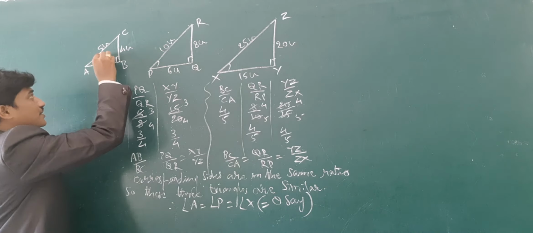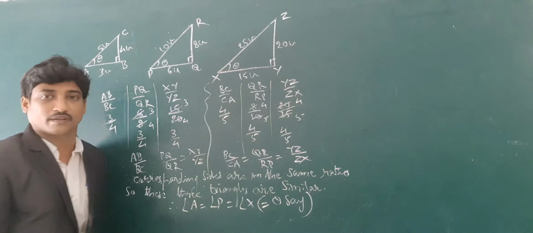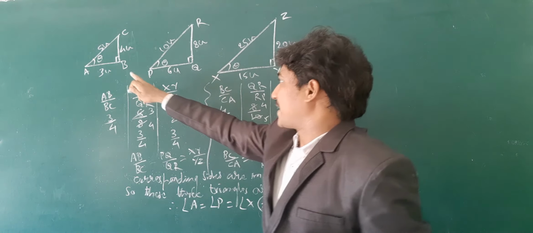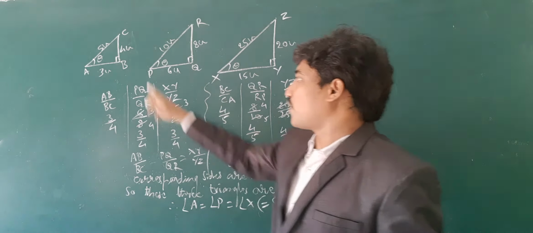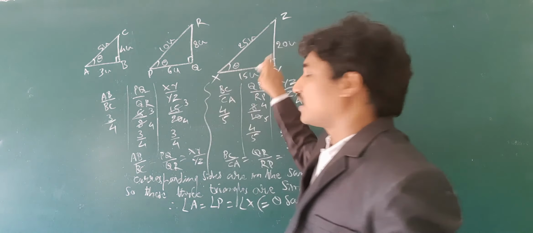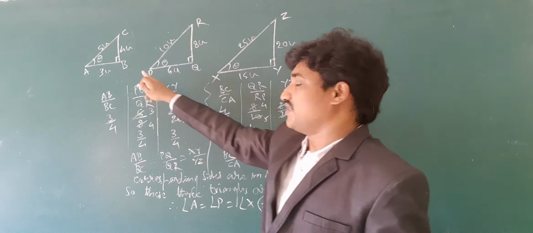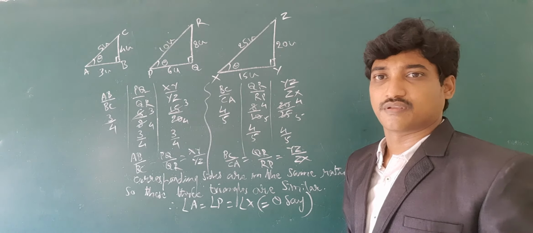So angle A is theta, angle P is theta, angle X is theta. For this particular angle theta, corresponding sides are in the same ratio in these right angle triangles.